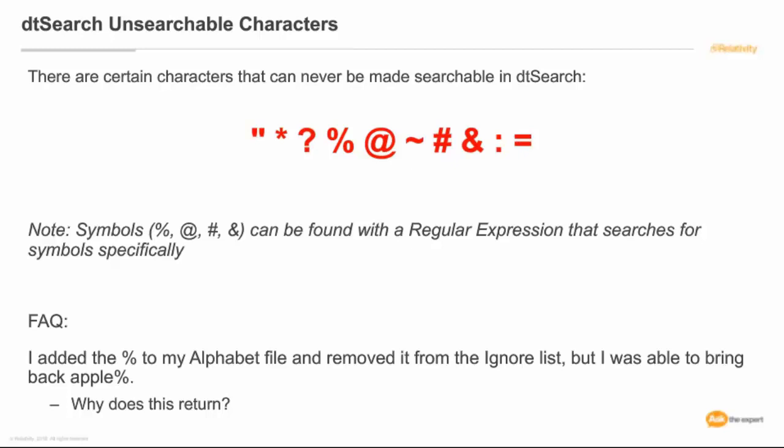So this gets into how these characters are actually indexed. If you add any of these to the alphabet or the letters section of the alphabet file, like we talked about, the engine will go ahead and index them. So when we're ingesting the text and creating the index, it's going to actually add all of those to the index files. But in our search terms, we can't actually search for them, because as soon as you try entering it in, it's going to interpret it as syntax and take whatever that syntax means.